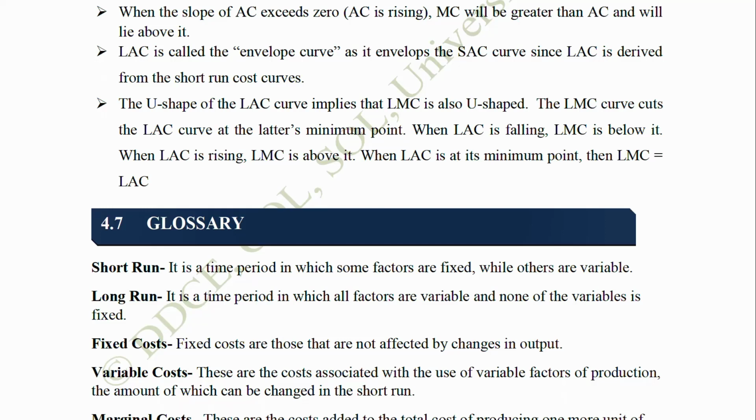The long run marginal cost curve cuts the long run average cost curve at the latter's minimum point. When the long run average cost curve is falling, long run marginal cost is below it. When the long run average cost curve is rising, long run marginal cost is above it. When long run average cost is at its minimum point, the long run marginal cost is equal to long run average cost.